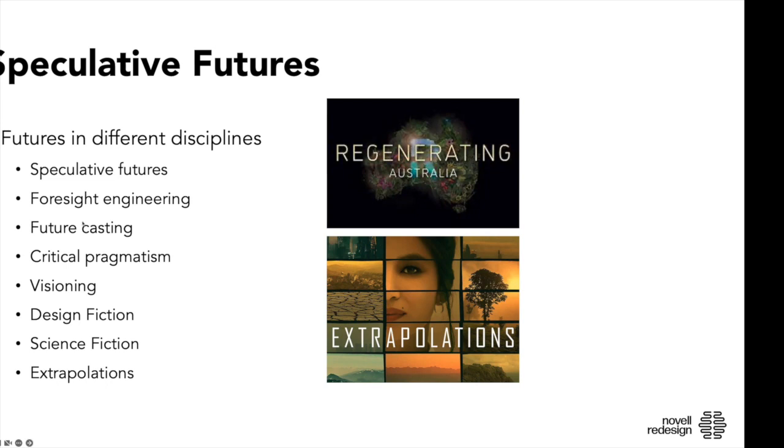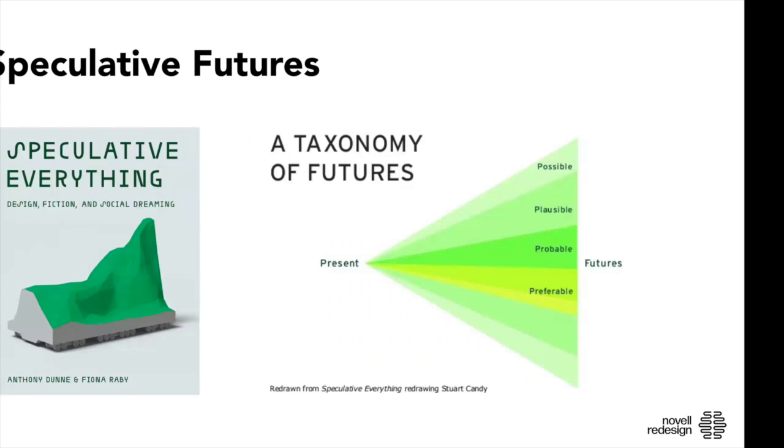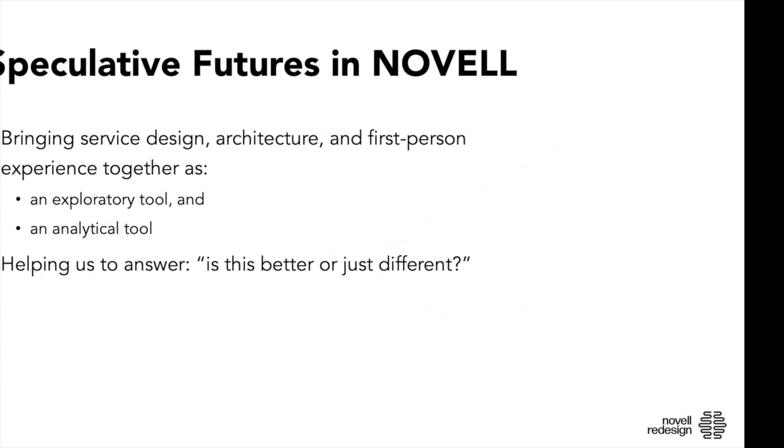Sometimes it's called foresight engineering, sometimes future casting, sometimes visioning, design fictions, science fictioning, extrapolating. There's many different terms for these processes, but we followed Dunn and Raby's speculative futures model to really explore how a first-person experience of an architectural environment might look.